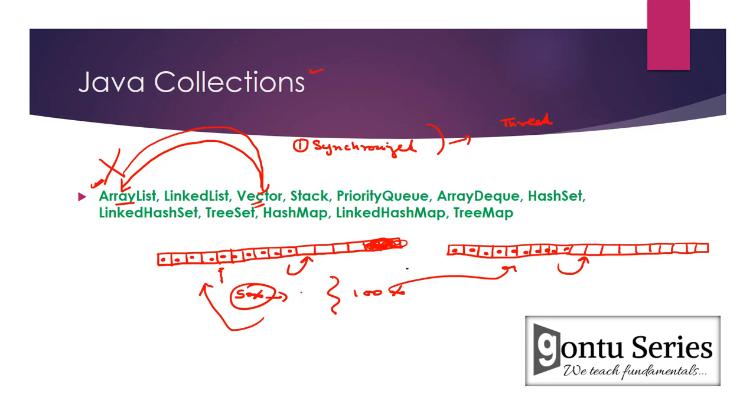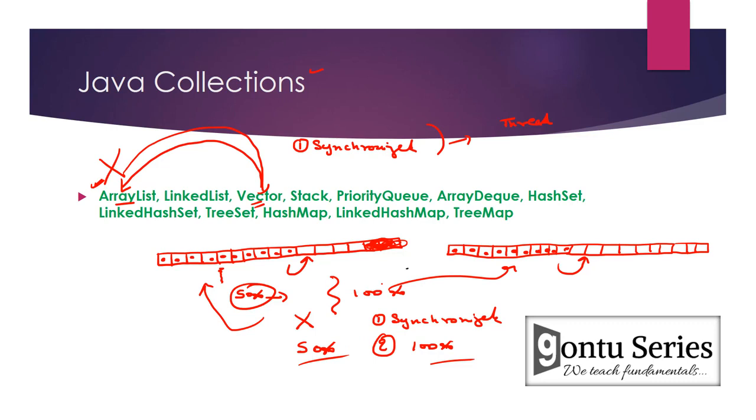So what are the two important differences between a vector and an array list? A vector is synchronized, and a vector is always incremented by 100% when its capacity is filled up and you're trying to add a new element. In case of an array list, it's not synchronized and it's always incremented by 50%.